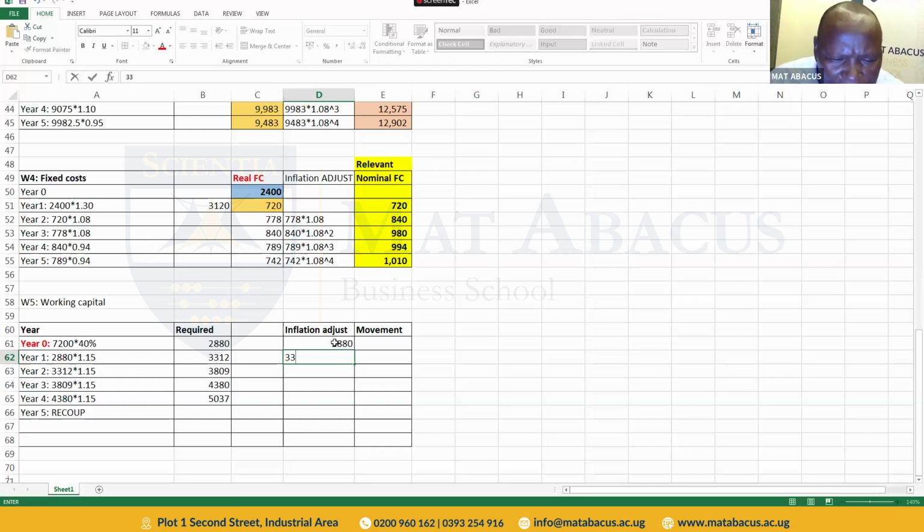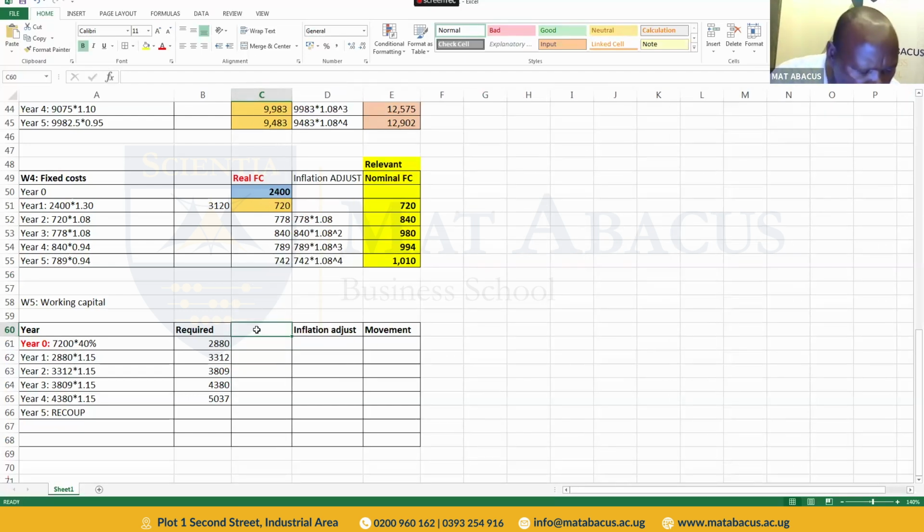The 2880 is technically the figure for year 1. And therefore the figure 3312 remains. Let me use this column here.